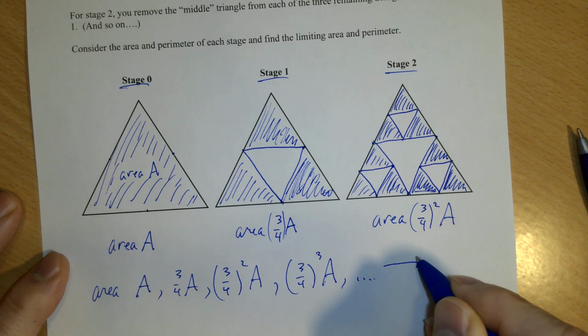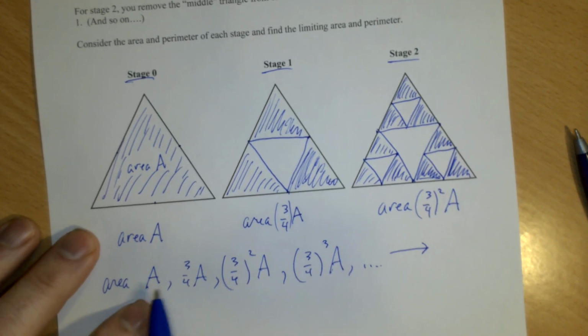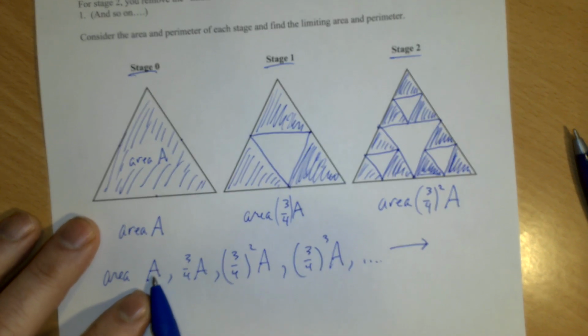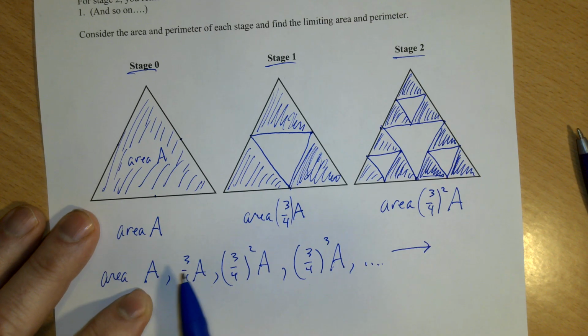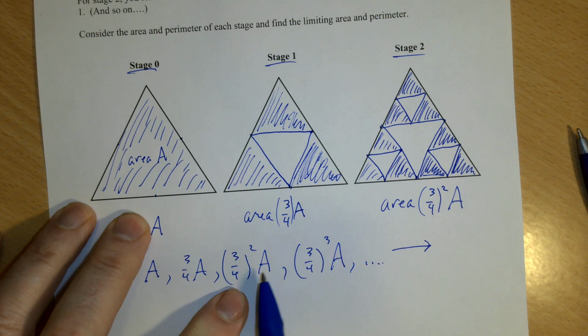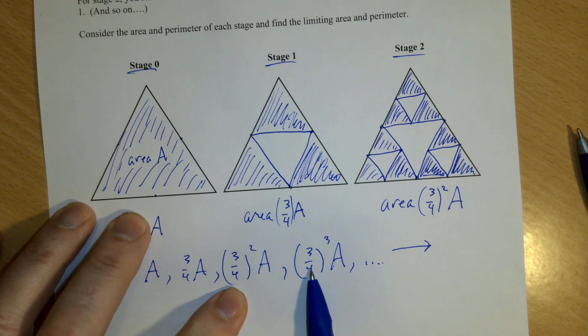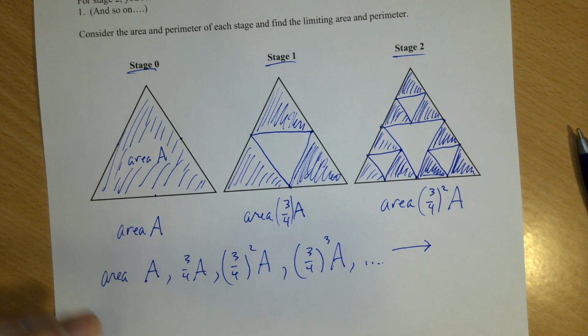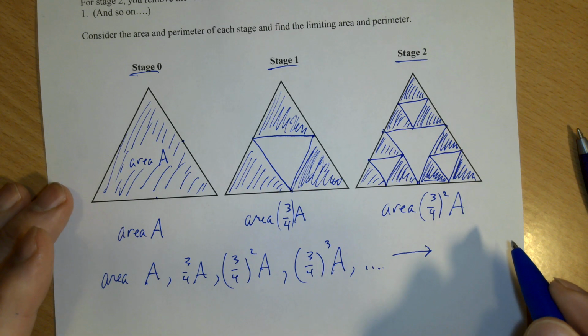What does this go to? This sequence of numbers, it does not matter what number A is. If you take 3/4 of it, and then you take 3/4 of that, and then you take 3/4 again, it's absolutely going to approach what area?